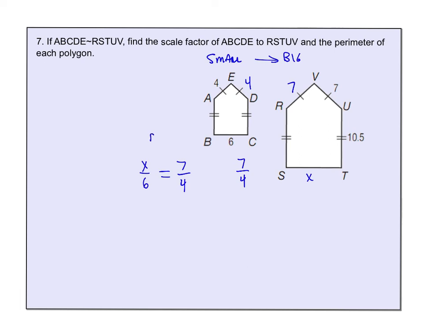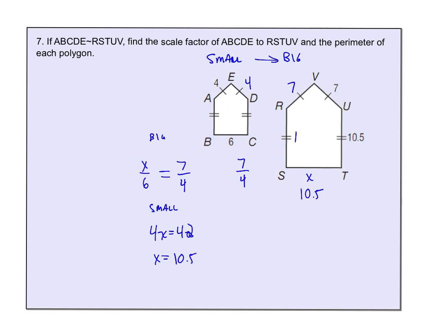Again, these two are from the big shape, these two are from the small shape. So 4x equals 42. So x is going to equal 10.5. So this will be 10.5. Curious. 42 divided by 4 should still be 10.5. Yes, interesting.